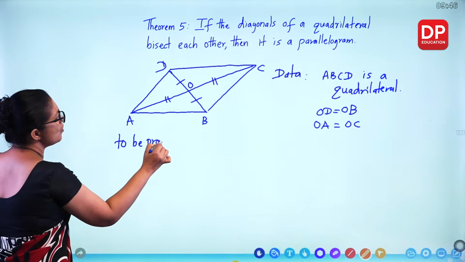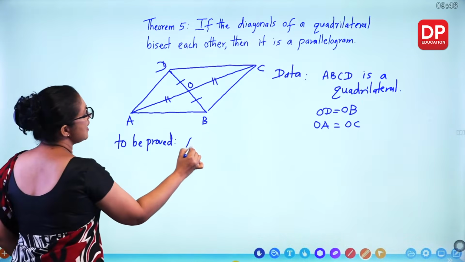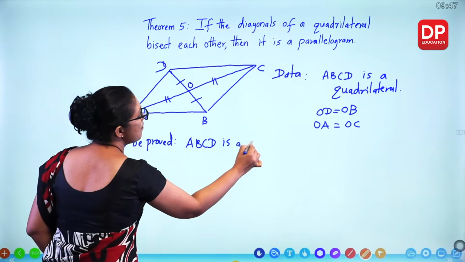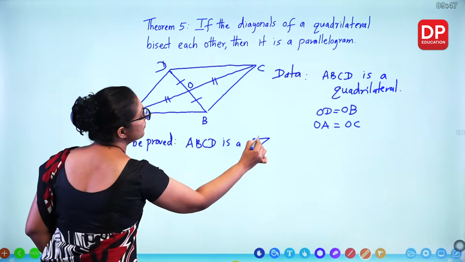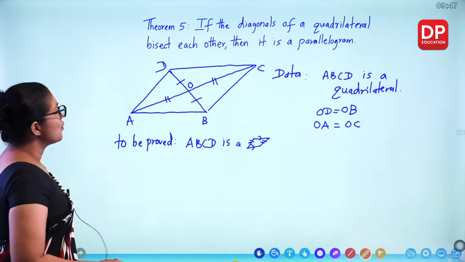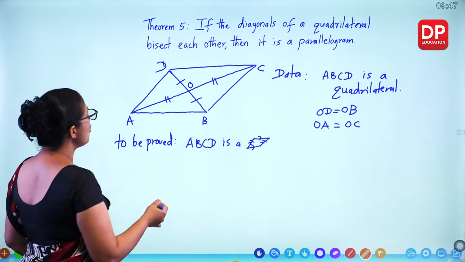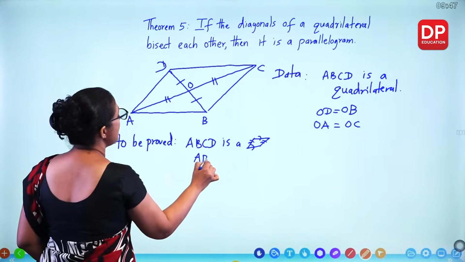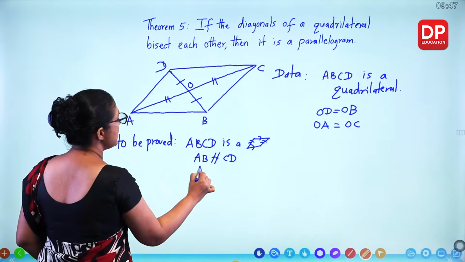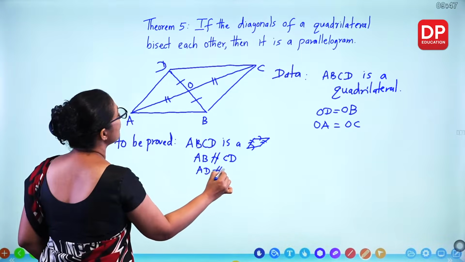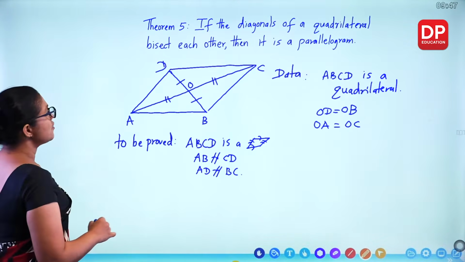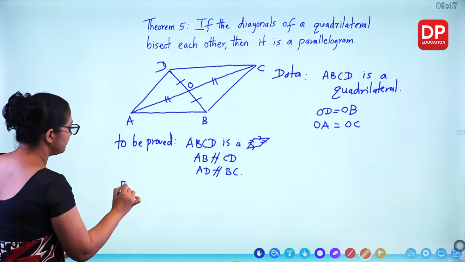We need to prove that ABCD is a parallelogram. So parallelogram means we need to show that AB is parallel to CD, AD is parallel to BC. Now we'll try to prove that.